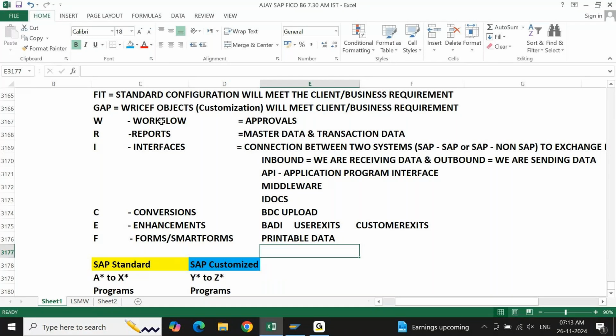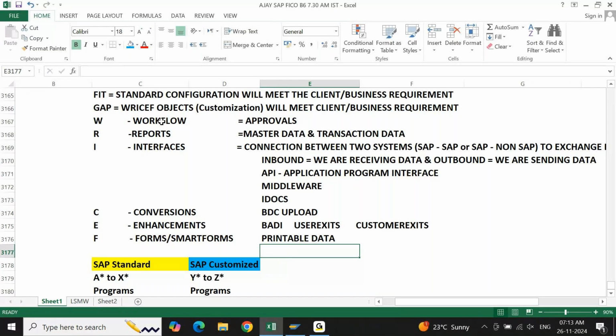As a FICO consultant, it is mandatory for all of us to know these RICEF objects, at least at a high level at this stage. As we move forward, we will elaborate these points as and when scenarios come across. I will make you understand with practical examples and scenarios. For all of us to work on a RICEF object, we need to prepare a document.